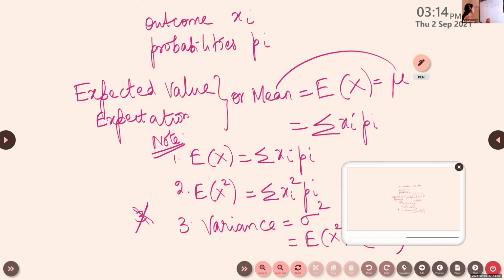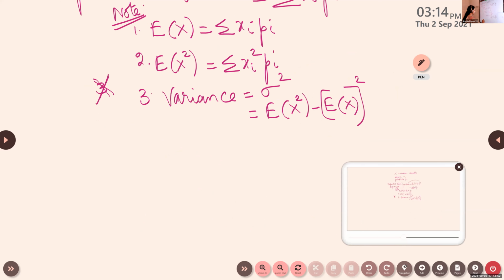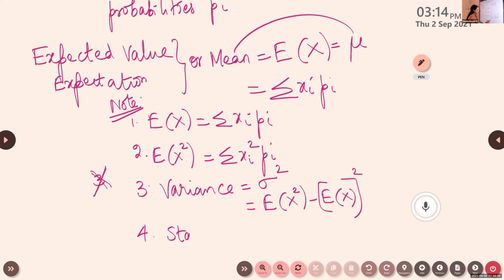And the next one, fourth one, is standard deviation, SD. We denote this as sigma. This is the same as the square root of variance.